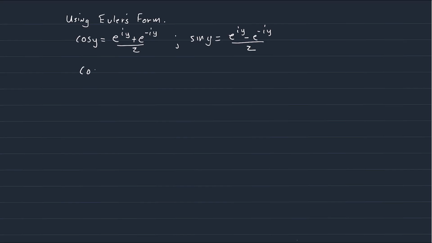Likewise, we can do the same for z, expressing cosine z and sine z in terms of exponentials. You might recall we looked at this before for hyperbolic functions.